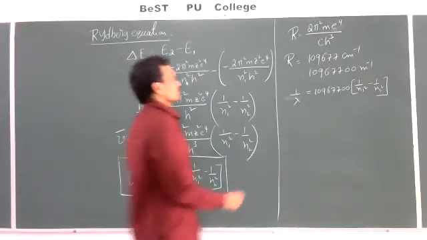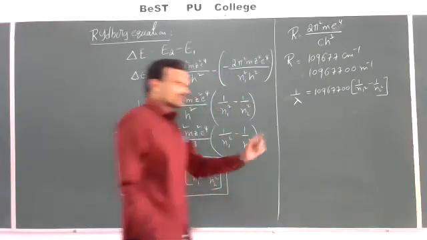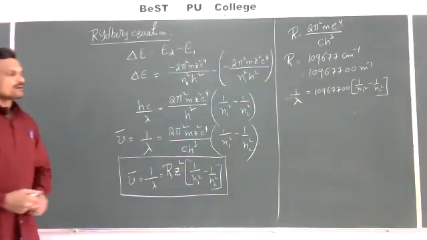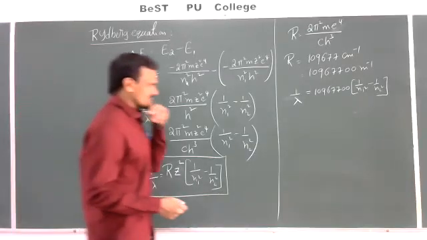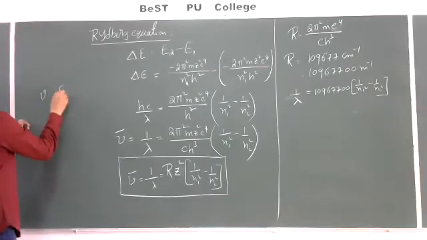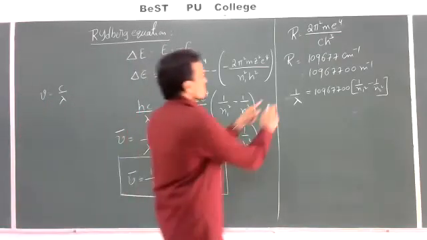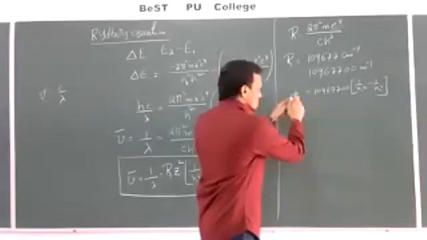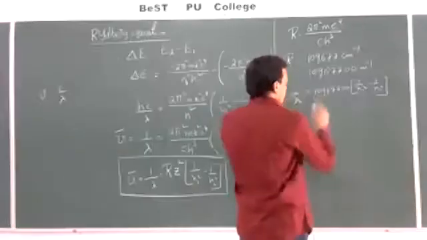Now, from this, we can also derive the expression for the frequency of the radiation. As you know, nu is equal to c by lambda. If you want nu, we should multiply with c on both sides.